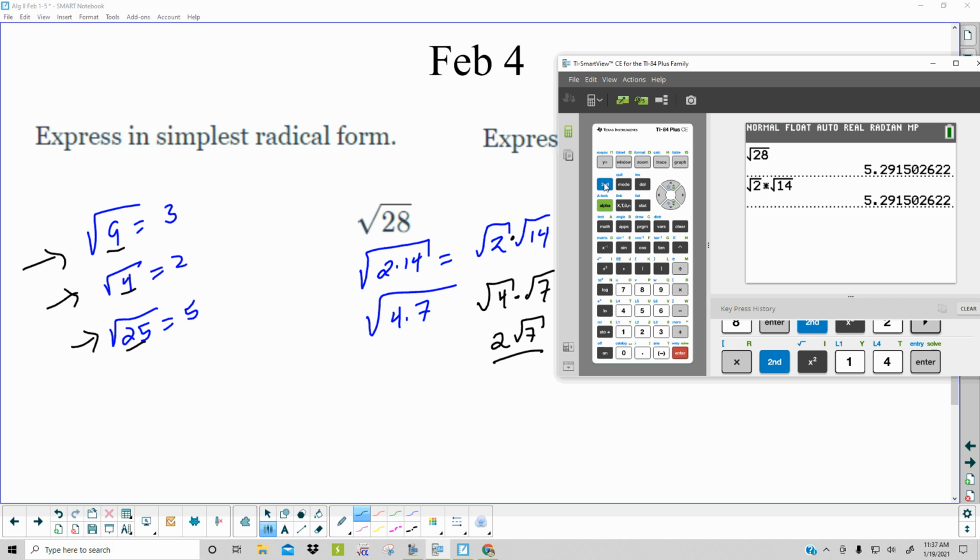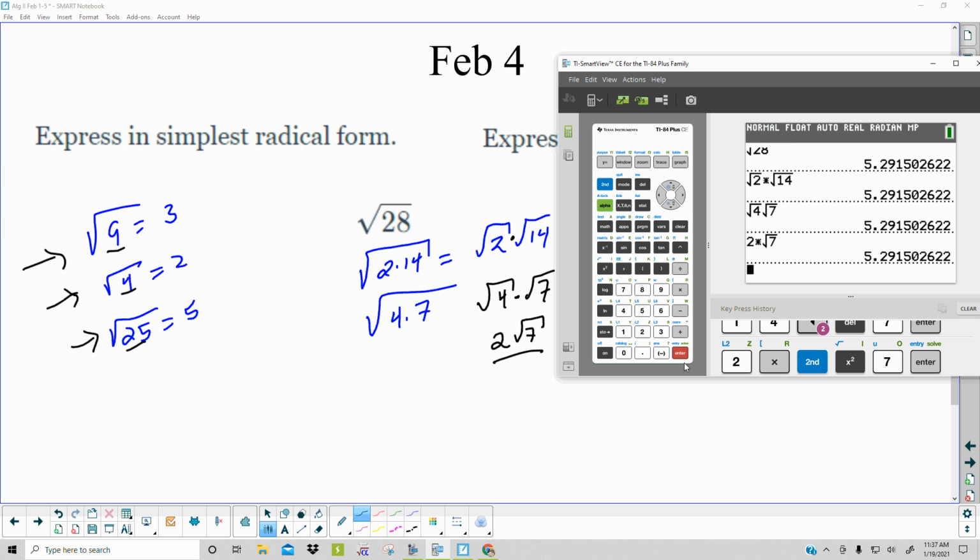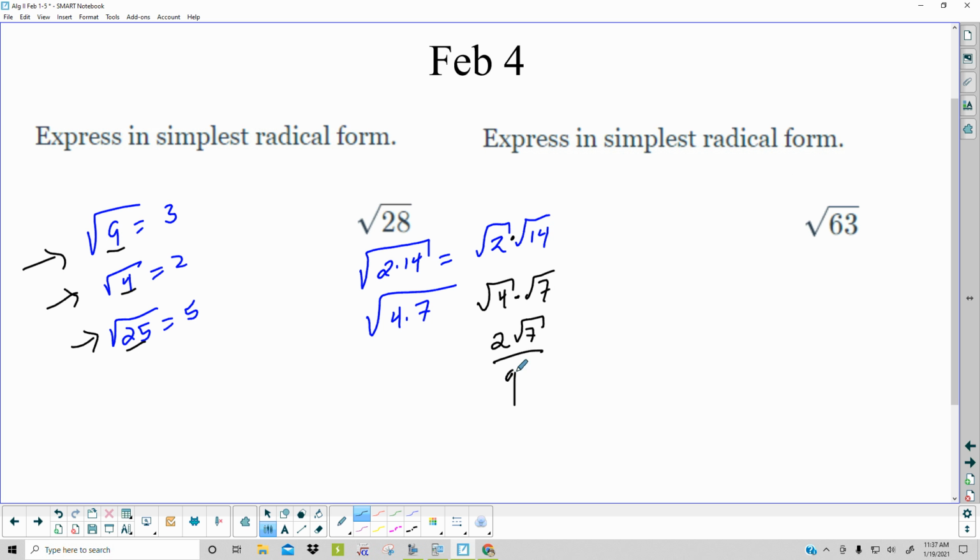Likewise here, the square root of 4 times the square root of 7, oops, sorry, wrong number. Let me delete that, put 7, enter, gives you the same decimal. And to further prove it, let me go 2 times just the square root of 7. Gives you the same decimal. So this is still worth that, okay?